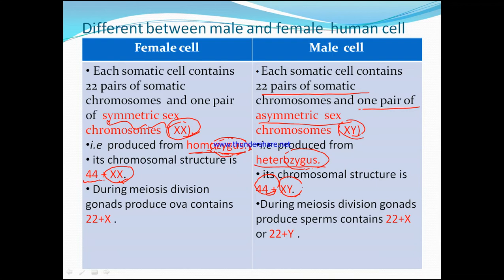Gonads during sexual reproduction undergo meiosis division. Meiosis division gives n chromosomes in each gamete.